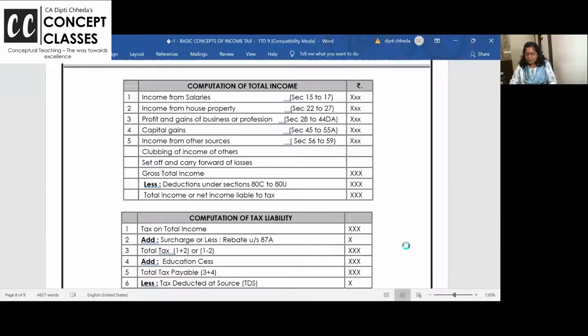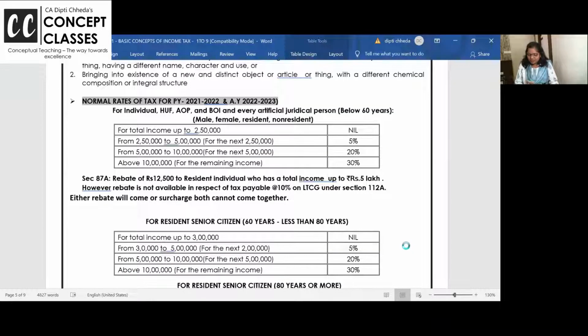Yes. So today I'm just talking slab rates. I'm not talking about surcharge and all. So just the slab rates for individuals. Up to 2,50,000, the tax is nil. On the next 2,50,000, from 2,50,000 to 5 lakh, 5%.